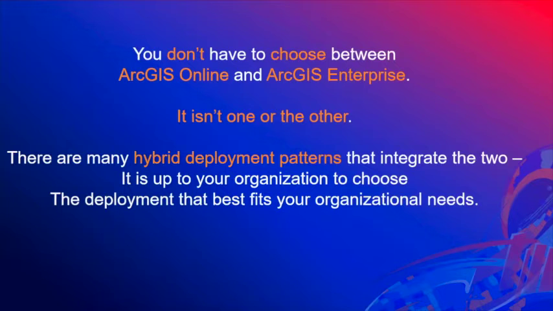So, getting them access to the VPN or whatever mechanism gets them behind the firewall to potentially ArcGIS Enterprise can be a burden. Instead, using ArcGIS Online, which is accessible to anyone on the open internet, can be a very easy way to get that data collected. After that, you can bring the data from online into enterprise and continue working.